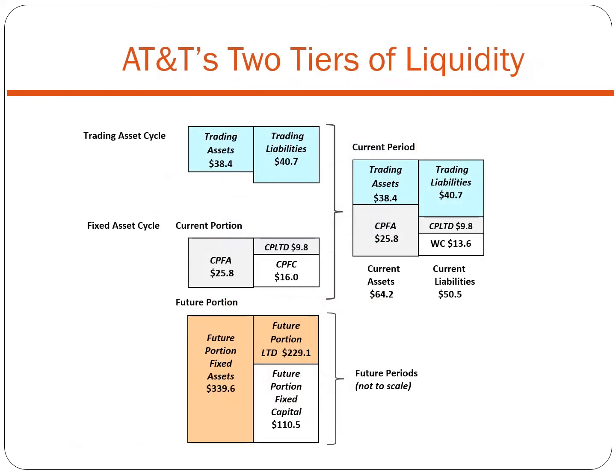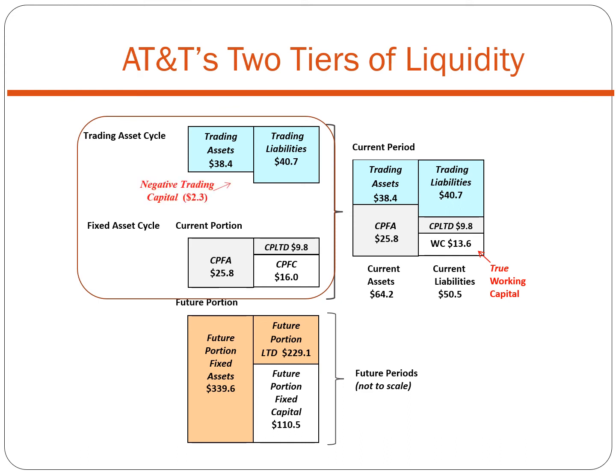The discovery of CPFA reveals that AT&T's overall liquidity is strong. Working capital is a positive $13 billion. When we dig down to the second tier on the left, we find a startling discovery. AT&T has a negative trading capital.